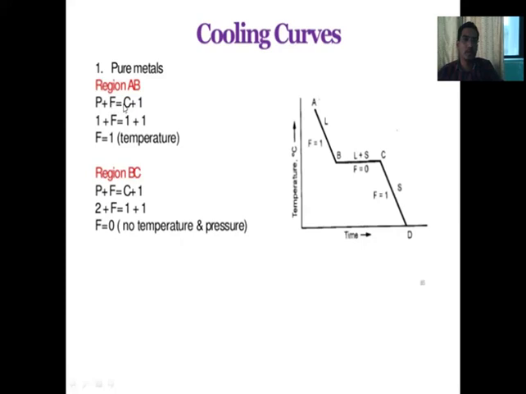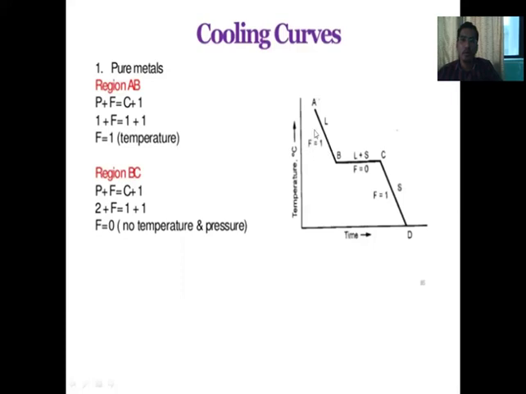Here L means liquid phase in region AB, then L plus S for region BC, meaning liquid plus solid phase, and for region CD it will be S, meaning only the solid phase exists for the material at that temperature condition.